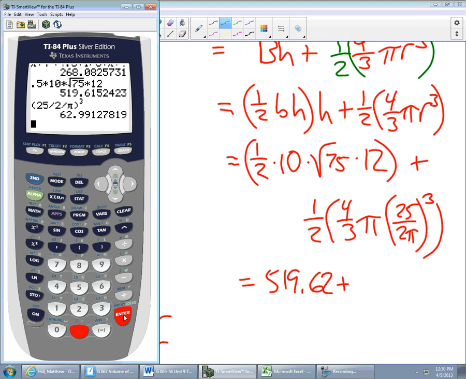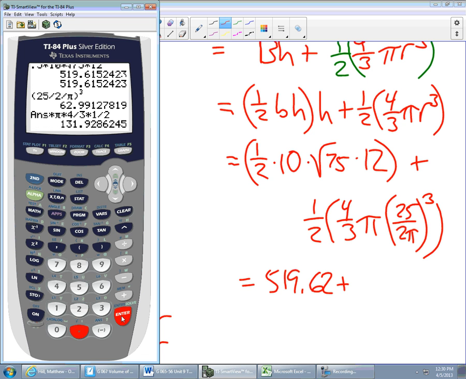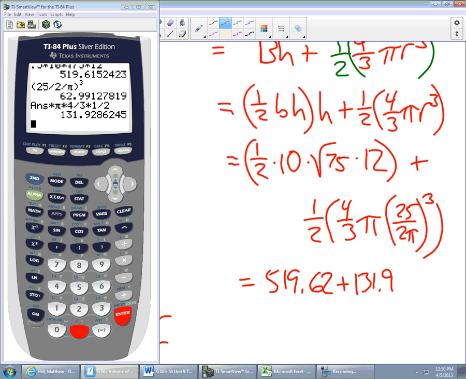This number needs to be multiplied by pi and by 4/3 and by 1/2. So I can multiply times pi times 4/3 times 1/2. And you can do that in small pieces if it makes you feel any better. We'll come up with an answer, a number, 131.93.